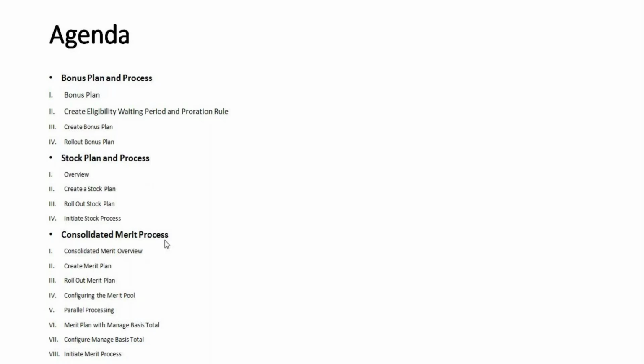So the last concept, the consolidated merit process, is a very important one. Though you're learning all those things, these are kind of creations only. Like you'll be creating a bonus plan, and you'll be creating a stock plan.